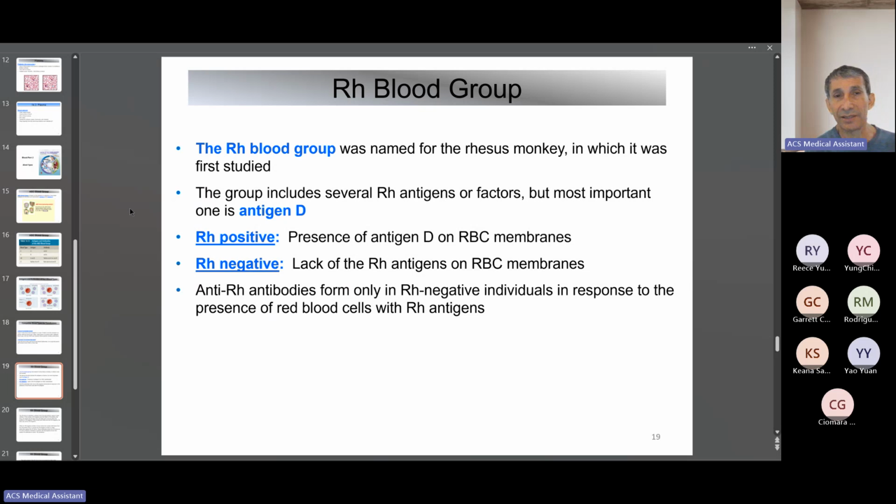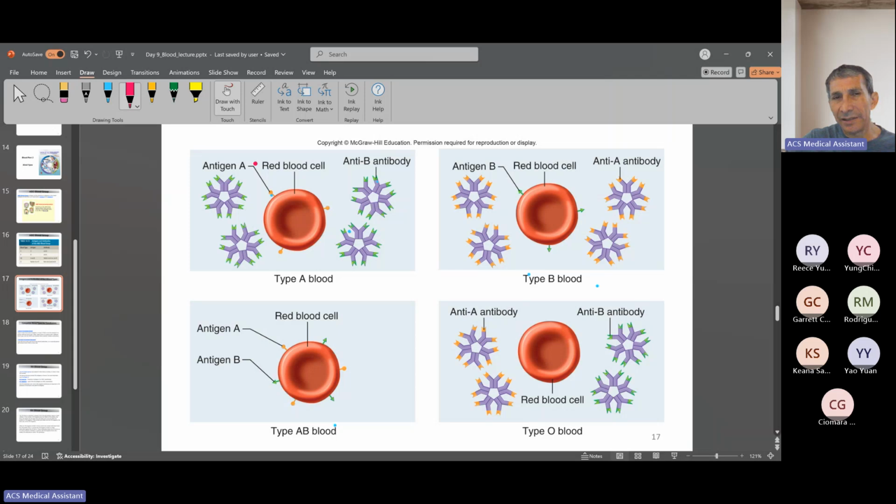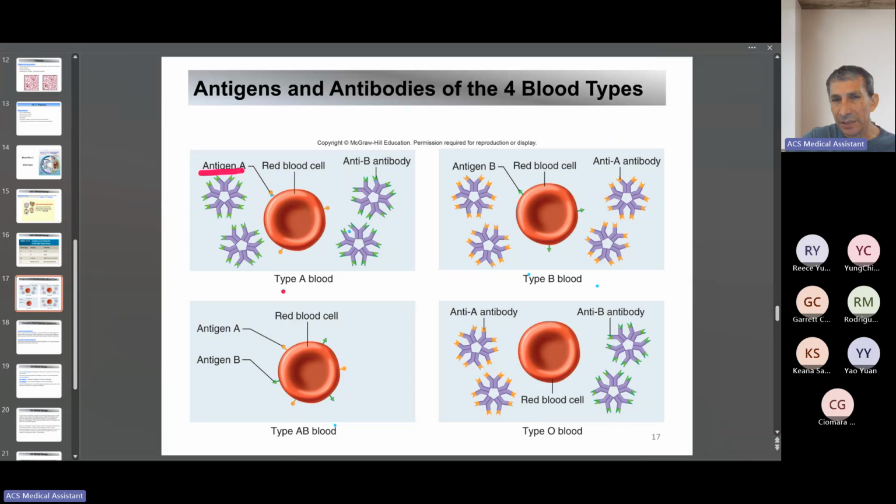It's the red blood cells, because if we go back here, we can see that these are the red blood cells. Now, besides having on the surface an antigen A, because this is type A, if it is positive, you have to have here an antigen D, letter D. So this antigen D is right here.